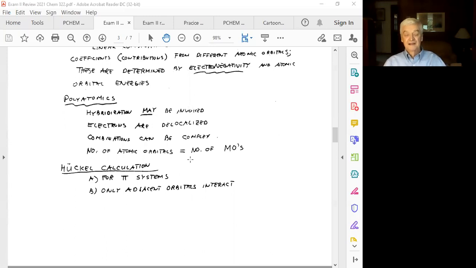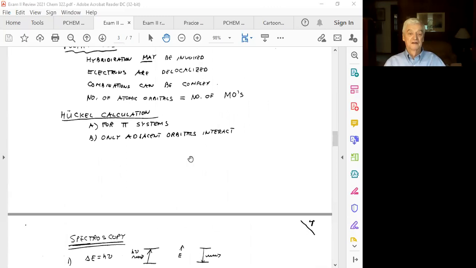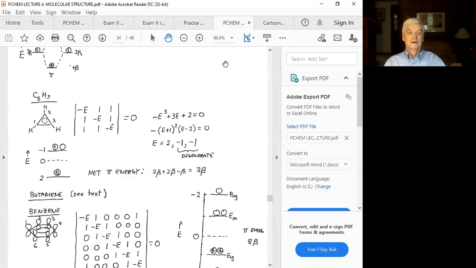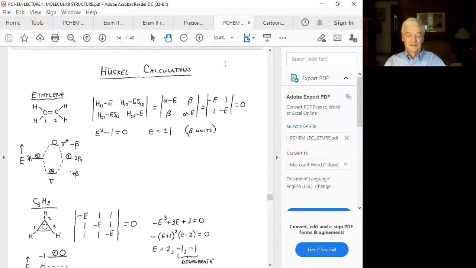Okay, so then we spent quite a lot of time on Hückel calculations. Let me see if I have that. Okay, so I strongly recommend going back over the notes about Hückel calculations.